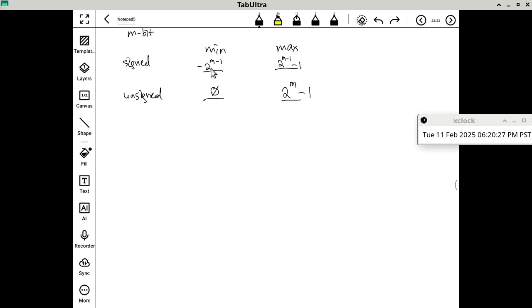It was 7, because -8 and 8 would occupy the same spot, which is 1, 0, 0, 0. But based on the signed interpretation, that particular bit pattern is -8 and not 8. So the most positive value is just 7. 7 also is 2 to the power of 4 minus 1, which is 2 to the power of 3, which is 8, and then the whole thing minus 1. So that works out as well.